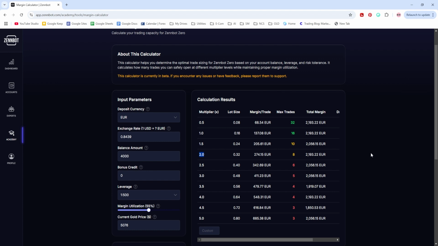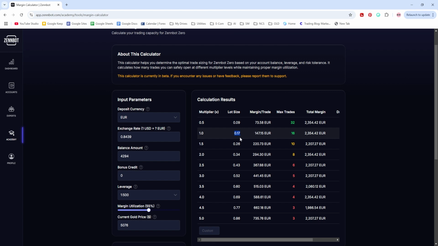It's a bit riskier, but not too much, I would say. However, I have more than 4000 euros in my balance. I have about 4294 currently. And if we are looking at 1x multiplier, right now instead of 0.16 we are looking at the minimum lot size per trade of 0.17.